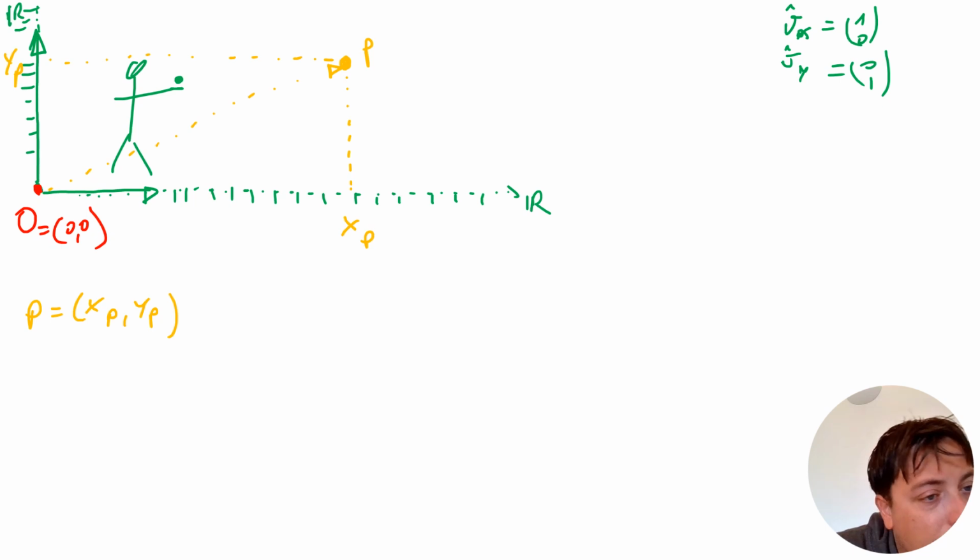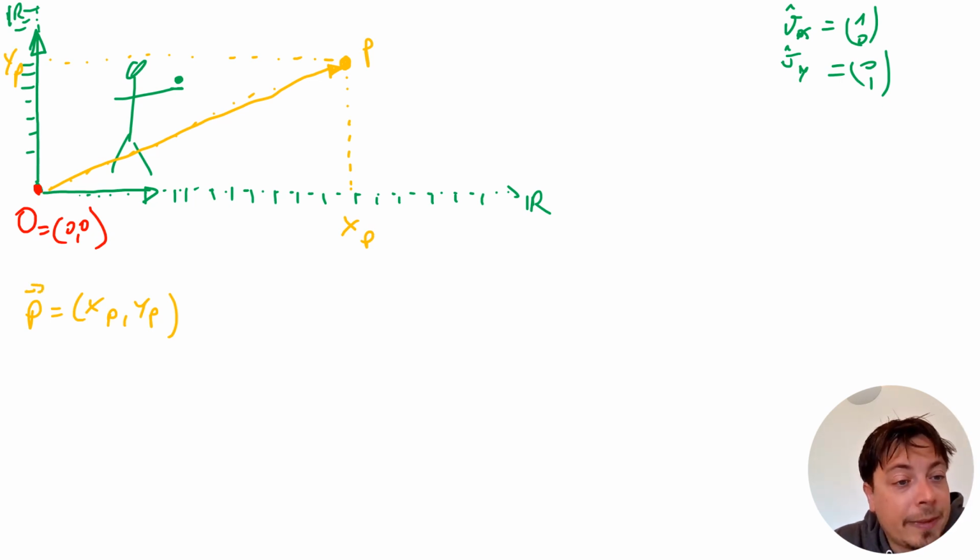So I don't want to overcomplicate this, but I'm just saying that you can associate to each point a pair of coordinates, which is a vector. Indeed, it's a vector.